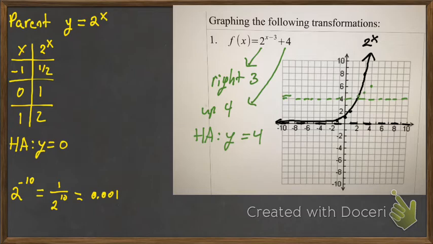I put in some extra points there because they were pretty easy to put in: 2 squared is 4 and 2 to the third is 8. You don't have to, but those are some extra points. Then I'll connect those dots and label my graph.